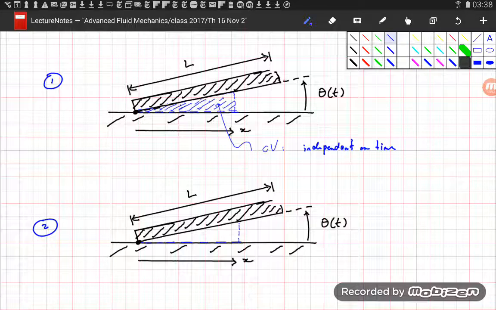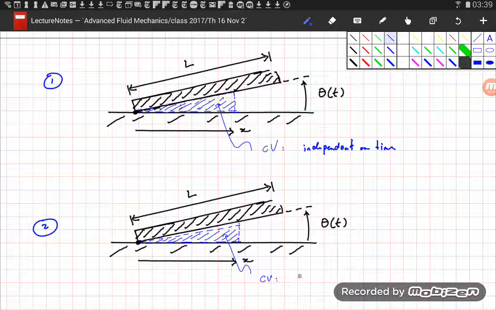And now the top part looks like it coincides with the top plate, but it doesn't exactly coincide with the top plate. It's a little bit underneath, so it's an infinitely small amount underneath the surface of the top plate. Here again, I'm just exaggerating, but you have to assume that this is a dx, so it's negligible. This is my control volume.